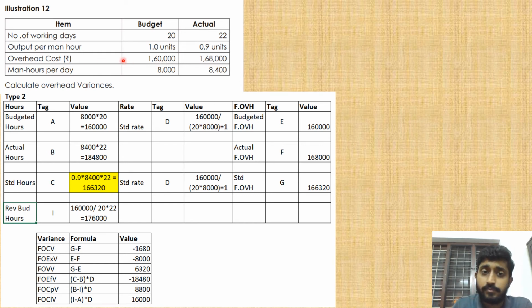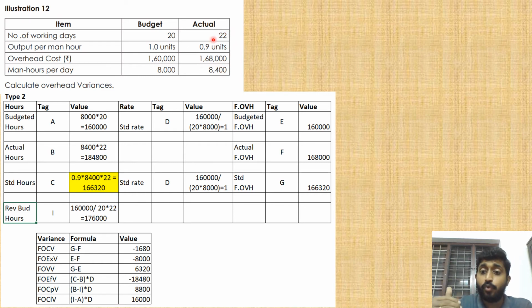Output per man hour is 0.9, that is output for 1 man hour. There are how many man hours? 8,400 multiplied by 22.